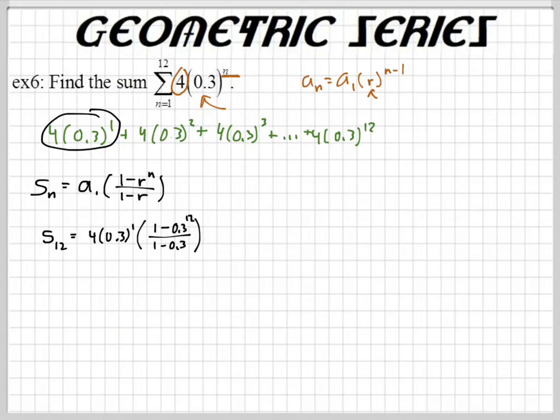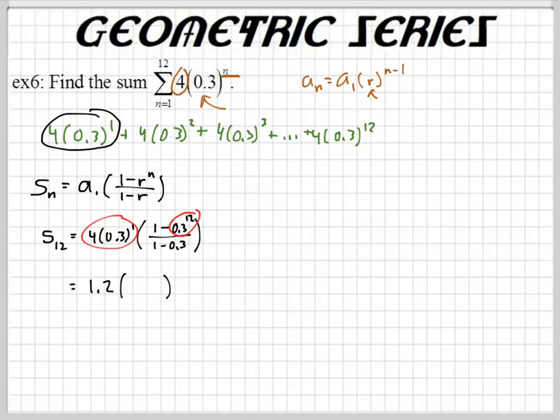Now the part that messes students up is they don't plug it in correctly. Make sure you plug it in correctly. What I would do is first plug in this, because I'll get a nice pretty number, and I'll write that down. Can you tell me what it is? 1.2. And then I would plug in this, and that's your answer in your calculator.